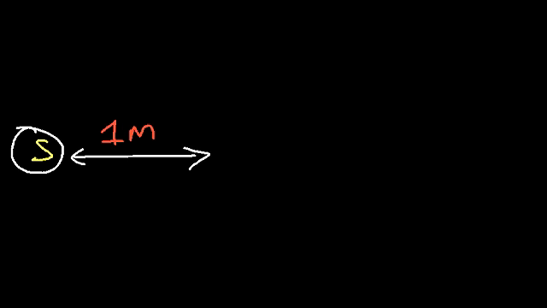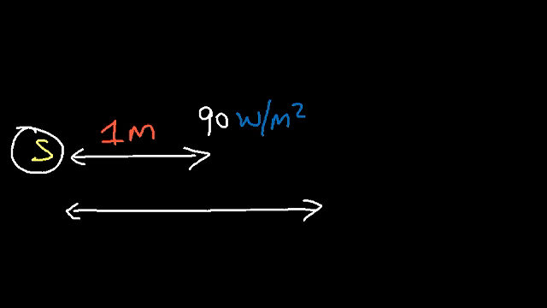Now let's say we have a sound source, and let's say 1 meter away from the sound source, the intensity is 90 watts per square meter. What will happen to the intensity if we double the distance?